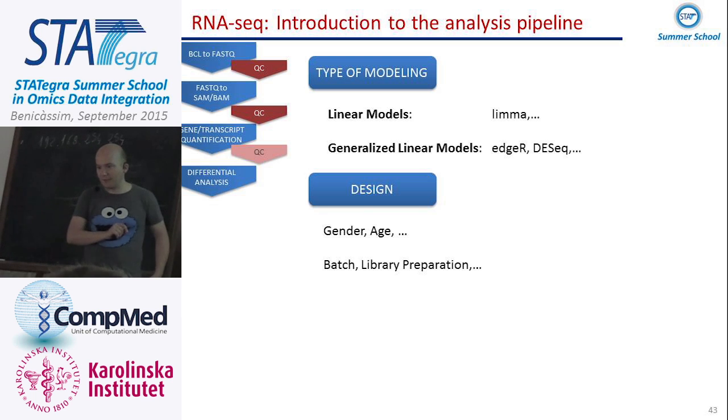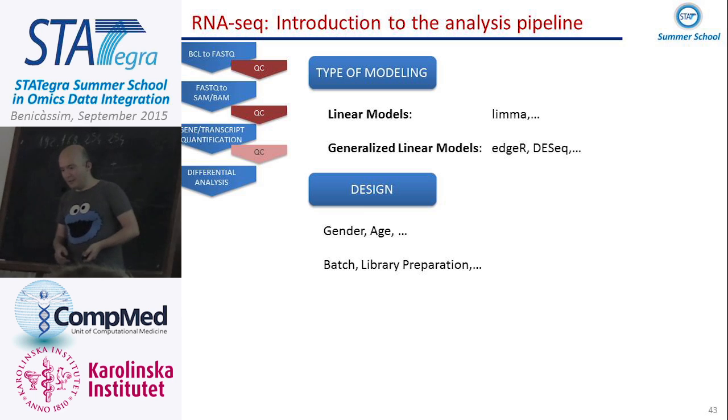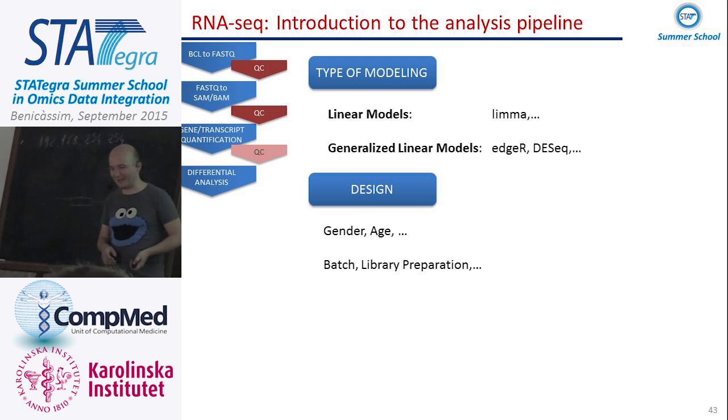I didn't put the slide here, but I have a real case example where we had samples in a first batch, disease and healthy control, all male. Second batch, disease, healthy control, all female. What can you do? You cannot separate what is the batch from what is the gender.